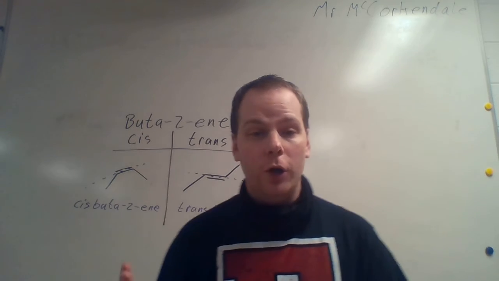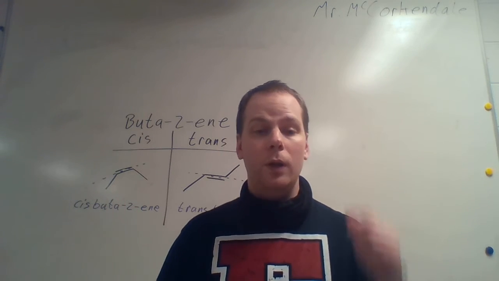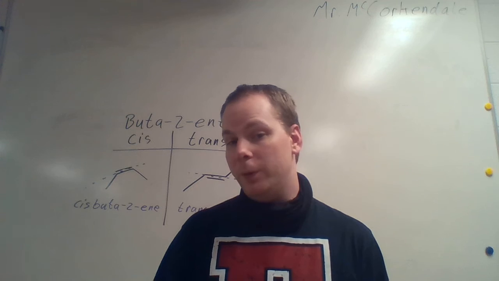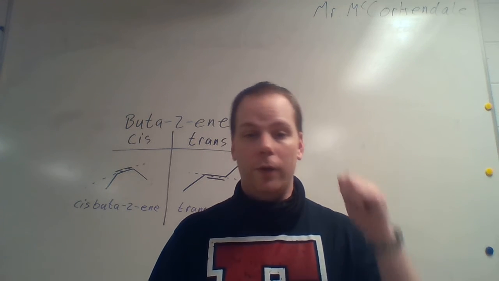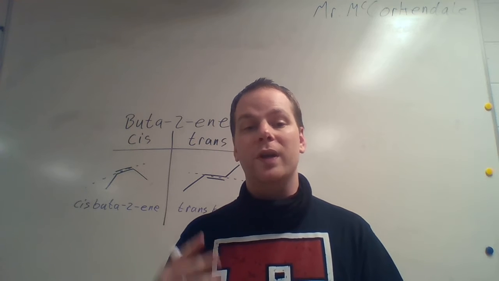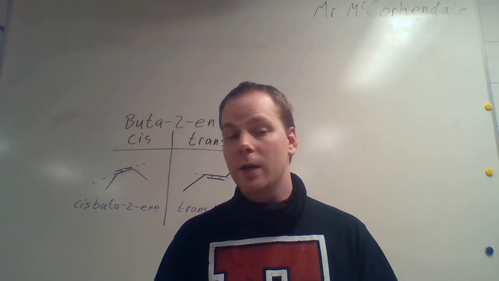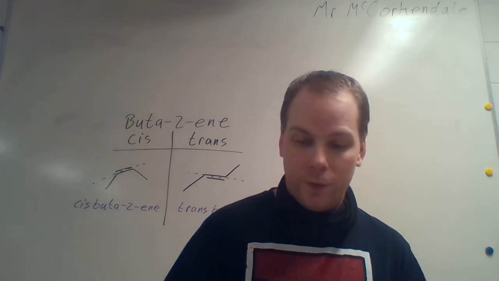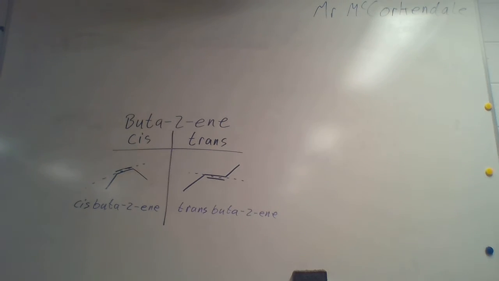Now, I'm going to show you with this example what it looks like when there are multiple double bonds. The only real difference is instead of writing cis, you put a Z or an E. So instead, we would put parentheses out in front.